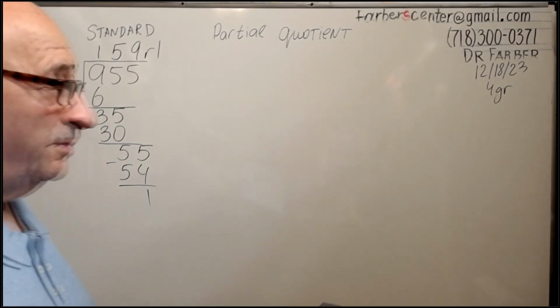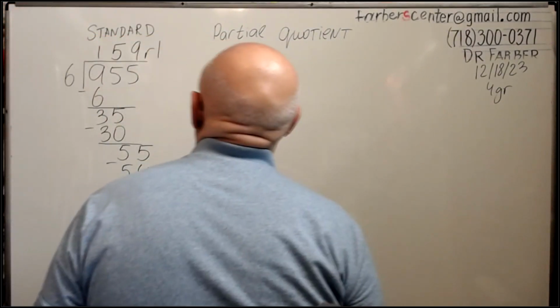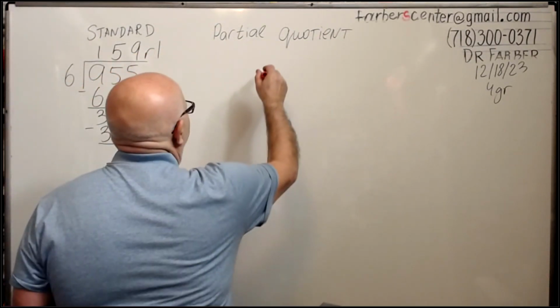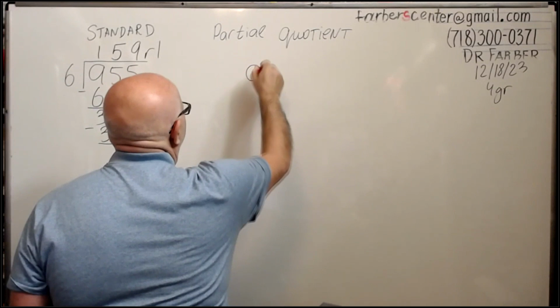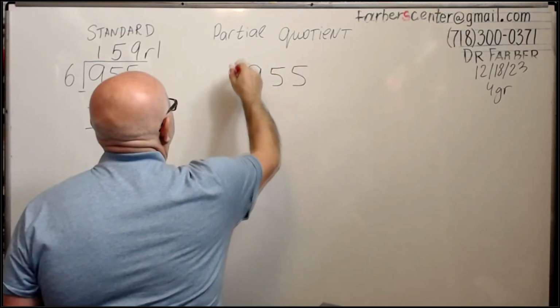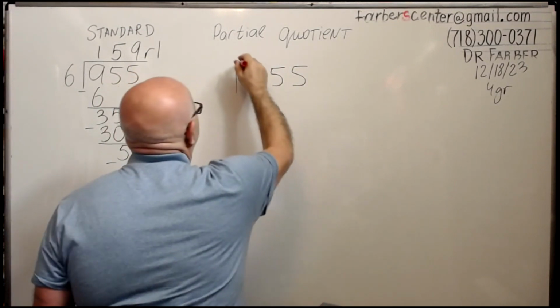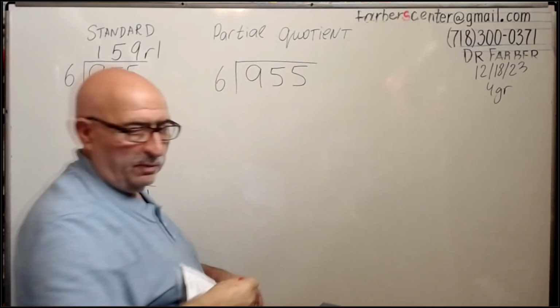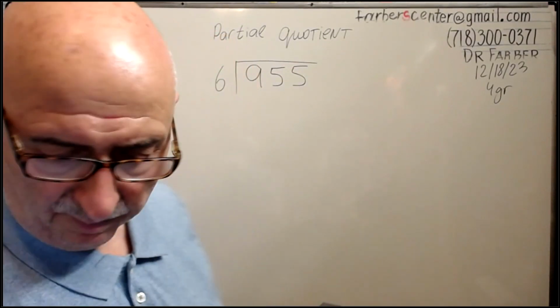Put your hands down. Now, let's do the same example using partial quotient. And I have 955. I divide by 6. All that I can do, I use a different color for this line.